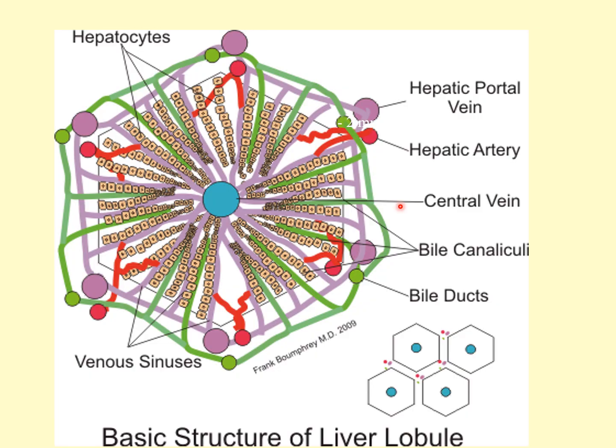Here you can see the basic structure of the lobular units. These are the hepatocytes, this is the portal triad, and this is the central vein, and these green ones are the bile canaliculi, and this is the bile duct. These all traverse through the sinusoidal spaces, and this is the central vein.